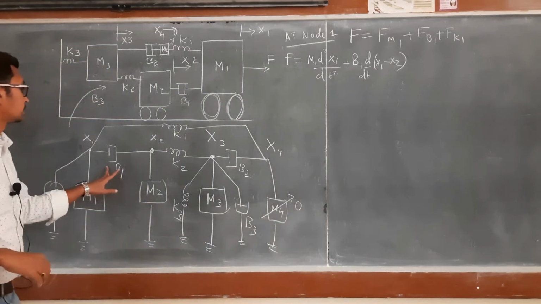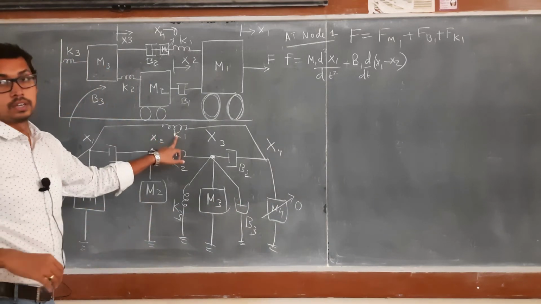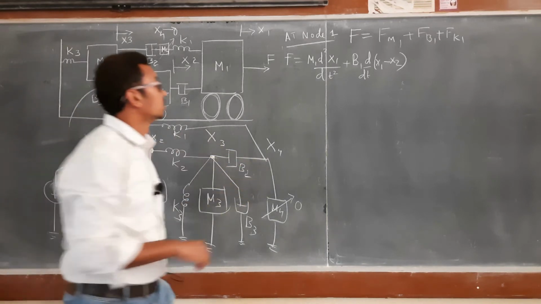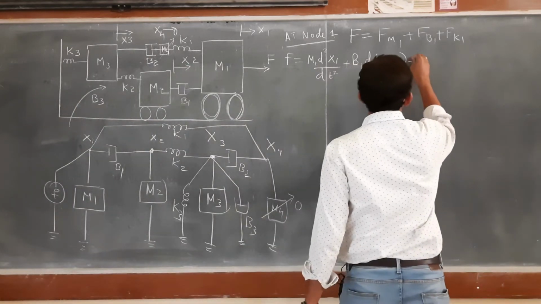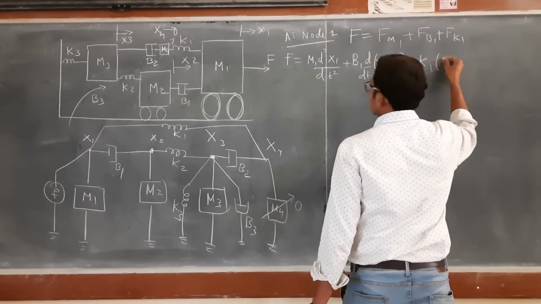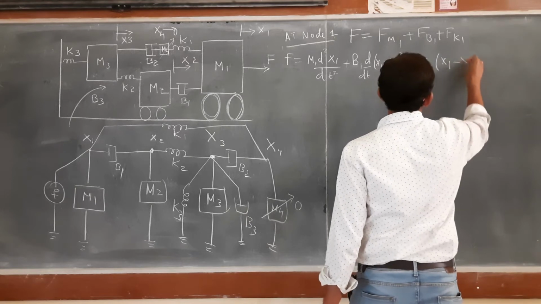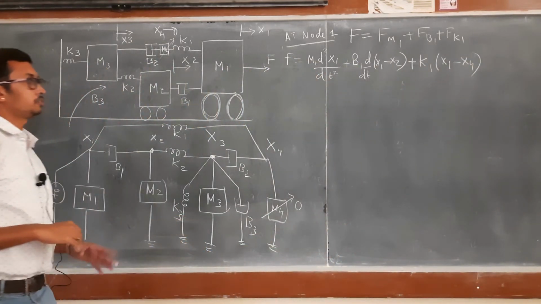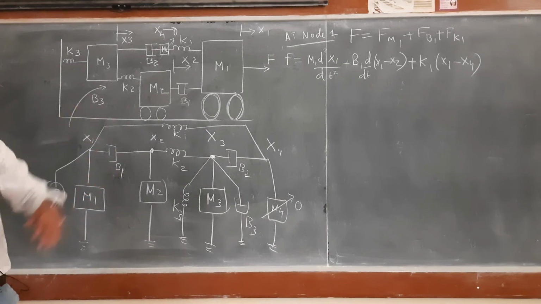Next, what else we have? We have the K1. K1 is between what? Node 1 and node 4. So therefore this will be K1 times x1 minus x4. Okay, so these are the three terms related to node number 1.